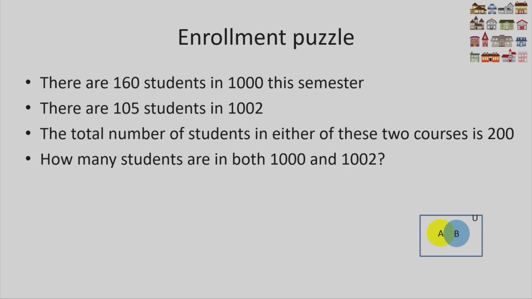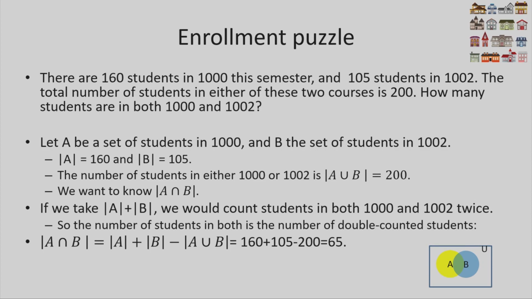And what you want to find out is the cardinality of their intersection, students that are taking both. So here's how we can do it. Let A be students in COMP1000 and B the set of students in COMP1002. The cardinality of set A is 160, cardinality of set B is 105. Cardinality of A union B is 200.